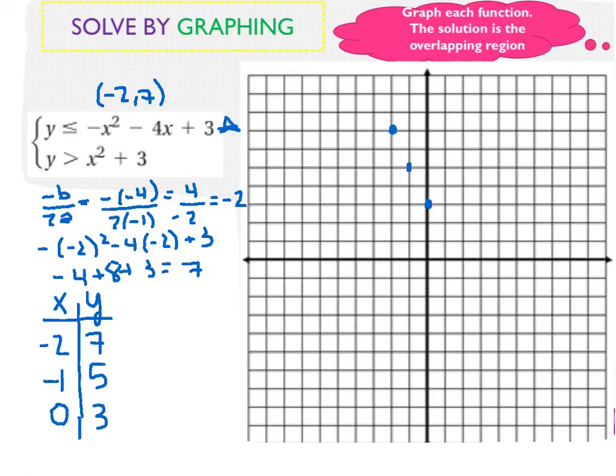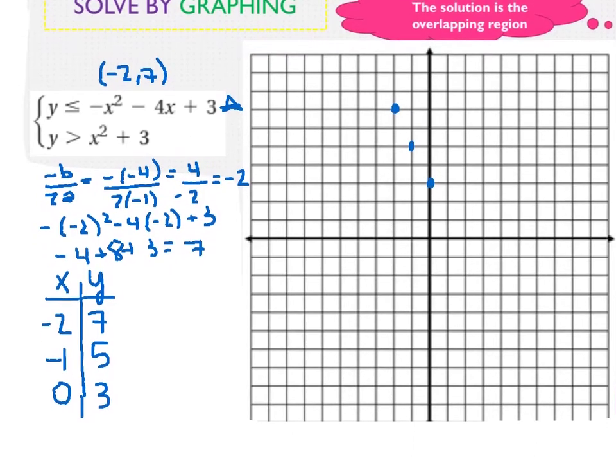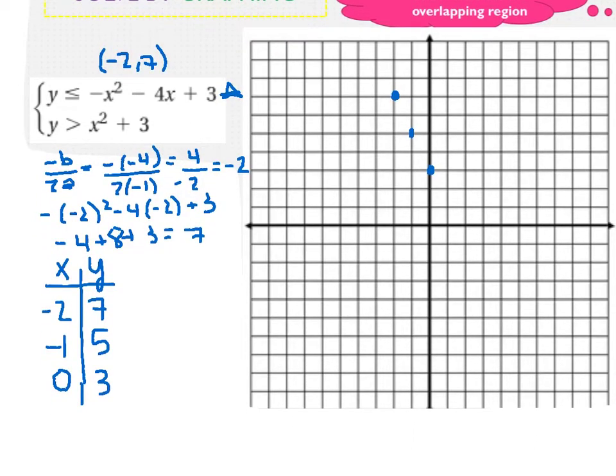Just because I want to see the shape of the parabola, I'm going to plug in an additional point to see exactly what the function is going to look like. So I'm going to plug in 1 and see what we get. Let me plot my additional point, 1, negative 2. And remember, we have an axis of symmetry of x equals negative 2 where our vertex is. So I'm going to reflect all of those points.